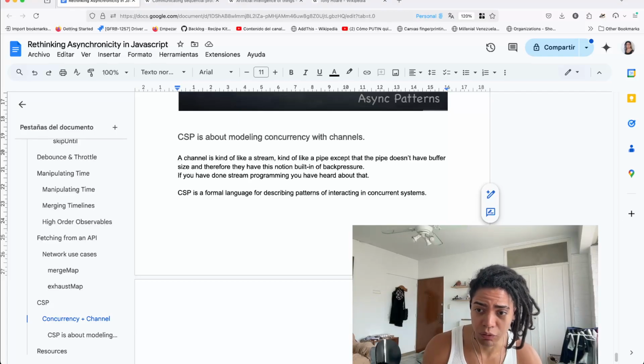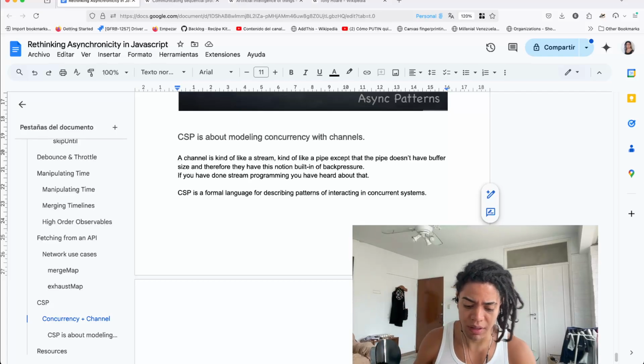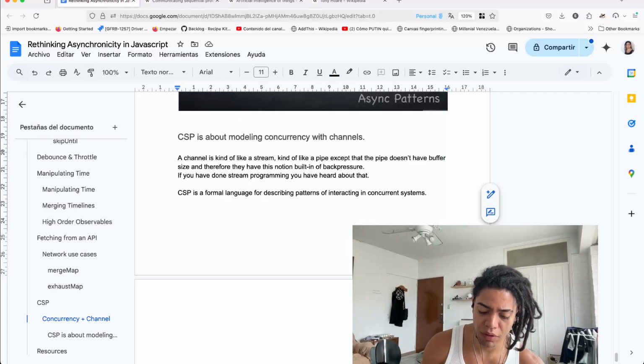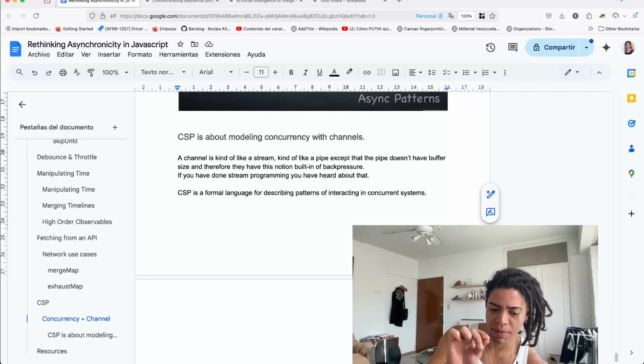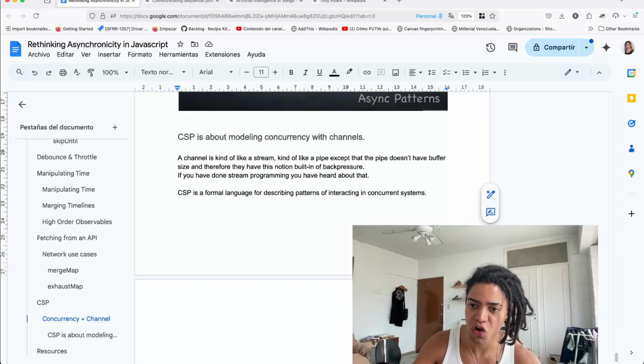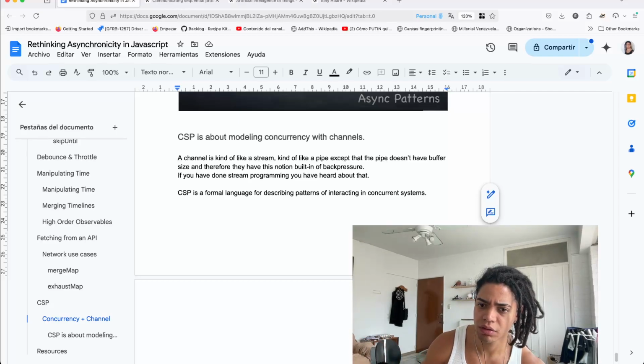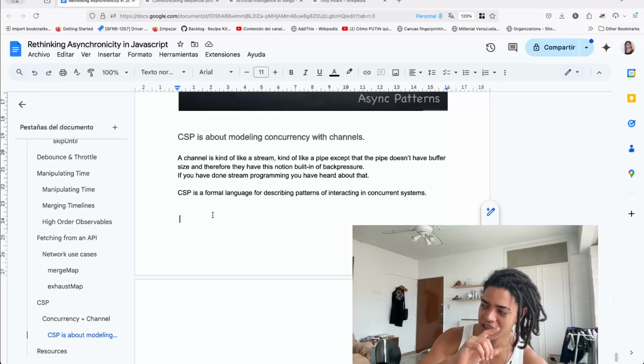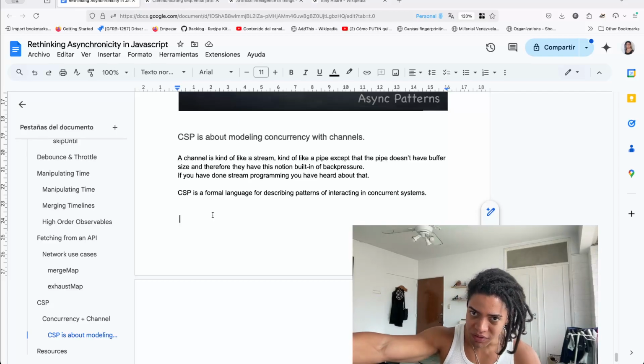This is a formal language for describing patterns of interacting with a concurrent system.